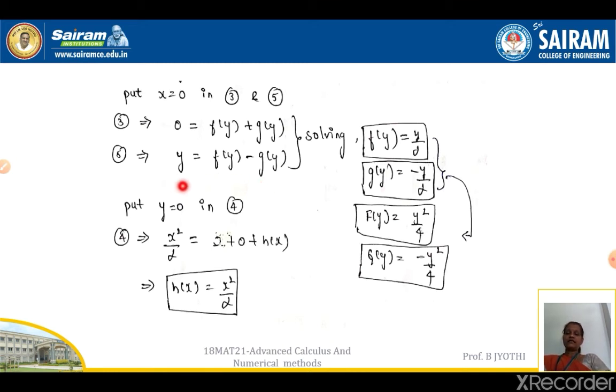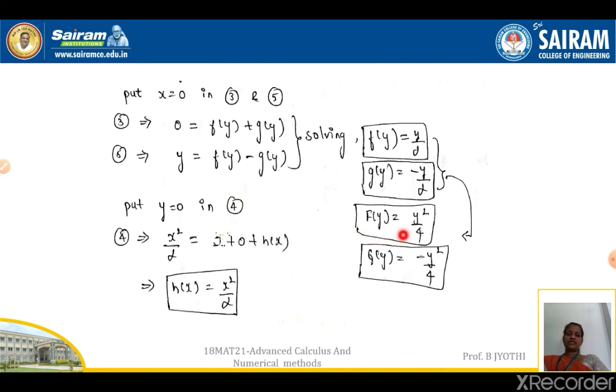First let us add the two equations, then g(y) and g(y) cancel. We get 2f(y) = y, or f(y) = y/2. Similarly, when we subtract, g(y) = −y/2. So when we integrate it, what do we get?